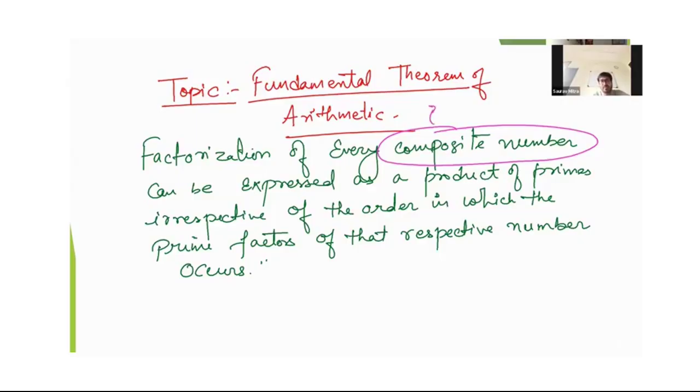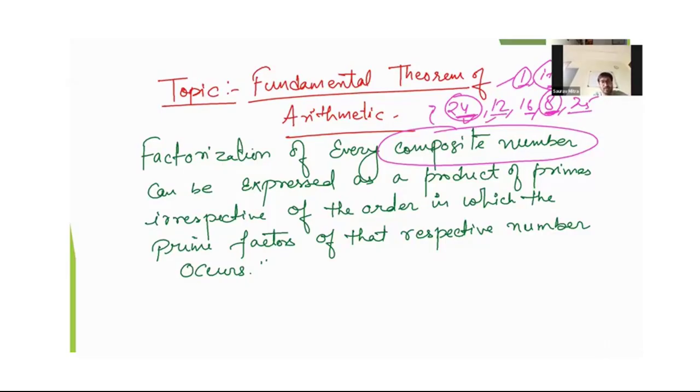Composite numbers are those which have the number itself as a factor, and they have extra numbers also as their factors, like 24, 12, 16, 25. They have more than two factors: 1, 2, 4, 8, and so on. Clear? So these are composite numbers.